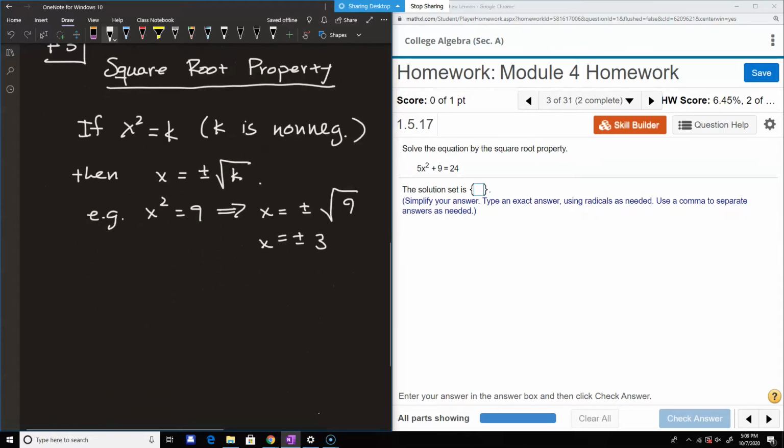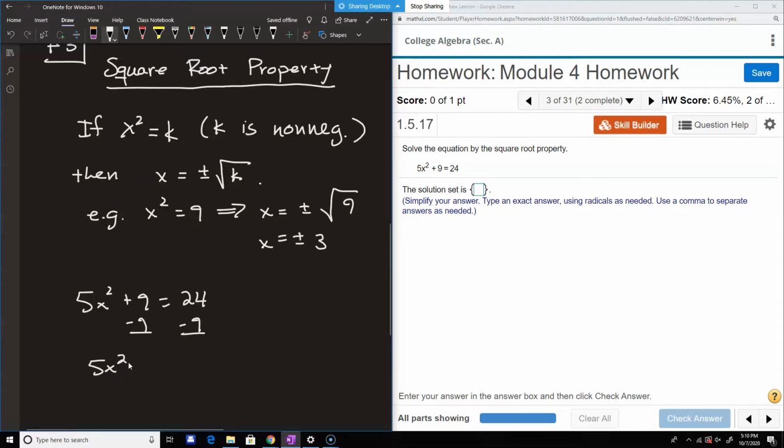So number 3 here, our problem looks a little more complicated, but really in fact is not so different. So the first thing we want to do is isolate that x squared, and we can do that by subtracting the 9 and then dividing by the 5. So isolate the thing that we want, because we cannot apply the square root principle until we get that x squared by itself.